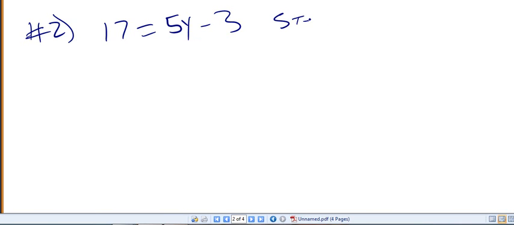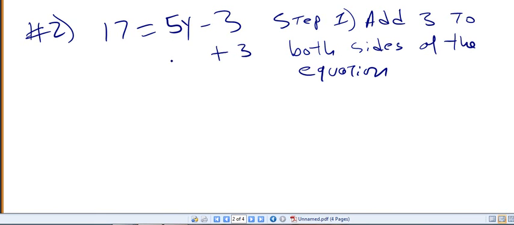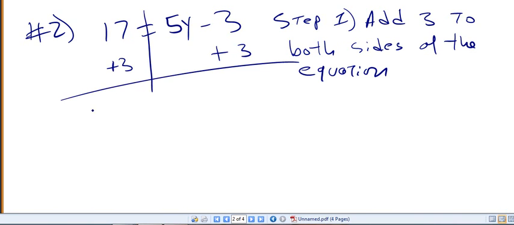So step 1, add 3 to both sides of the equation. Add 3 on this side, adding 3 on this side. 17 plus 3 is 20. Those just go away. So we've got 5y, or 5 times y.